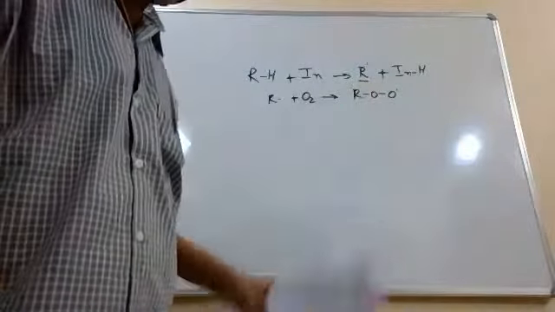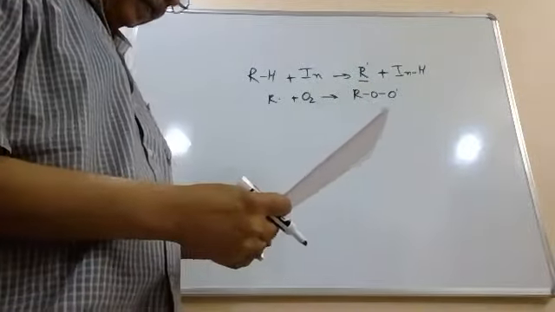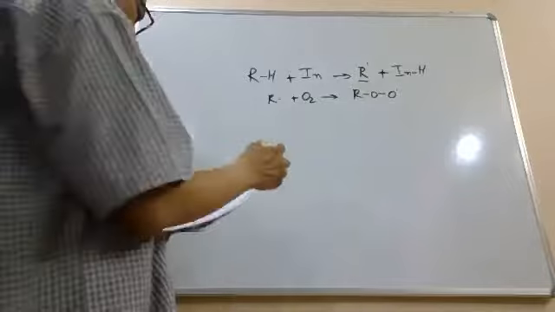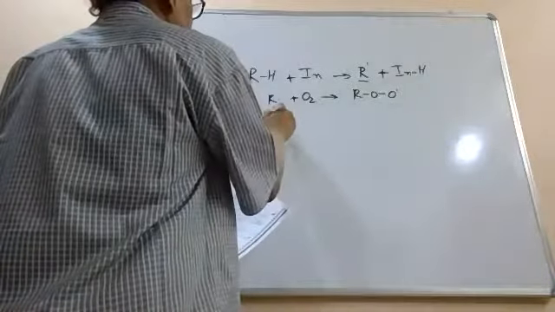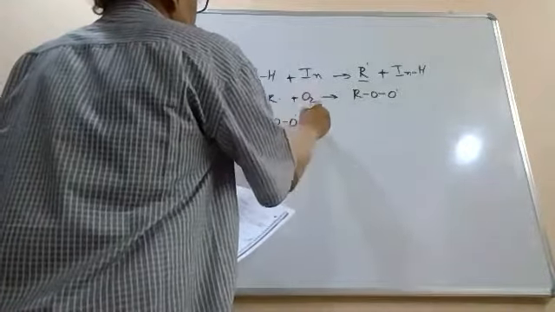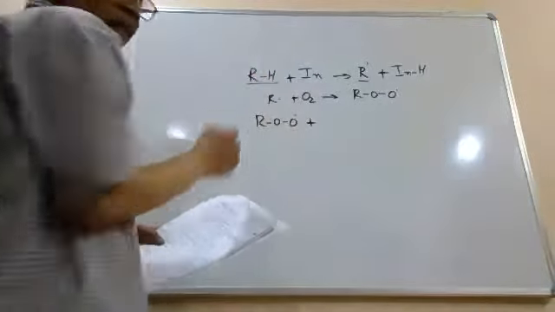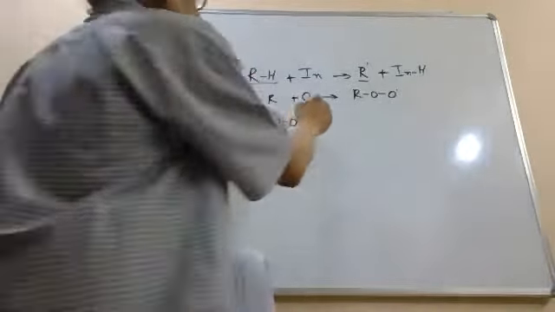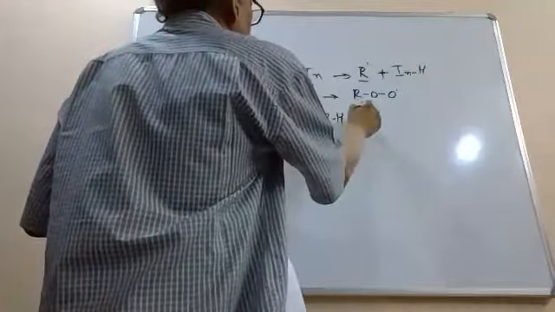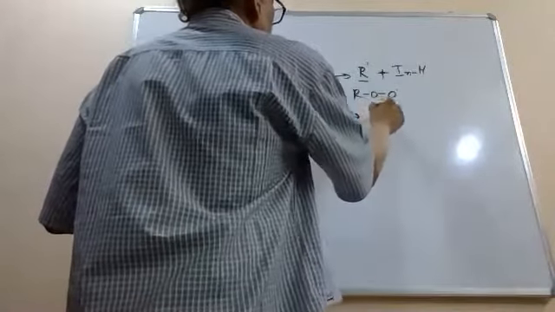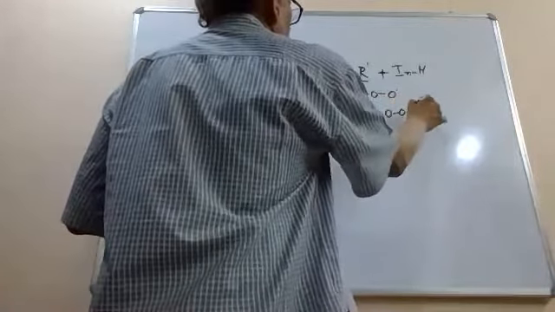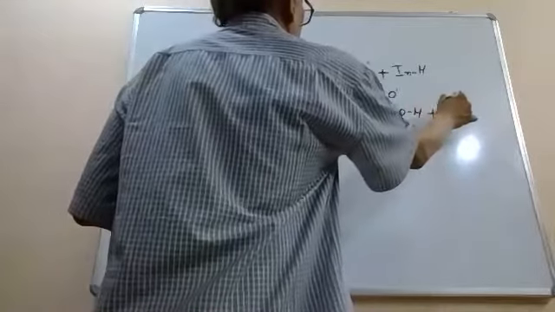That is a radical. And in the final step, the peroxy radical reacts with a second molecule, and then we get ROOH plus R dot.